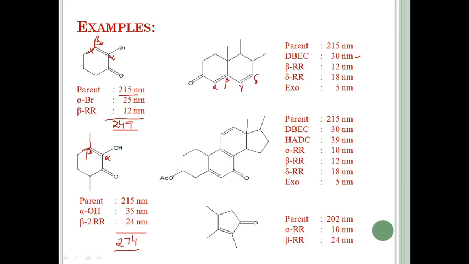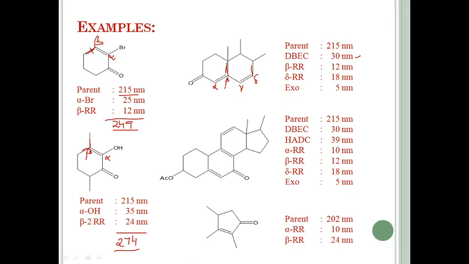At alpha position there is no substitution, at beta position you have substitution. So this is one ring residue. At gamma there is no substitution, at delta you are having one ring residue. So respective values we have to give increments. At beta portion 12 nanometer, at delta portion you have to give 18 nanometer increment.